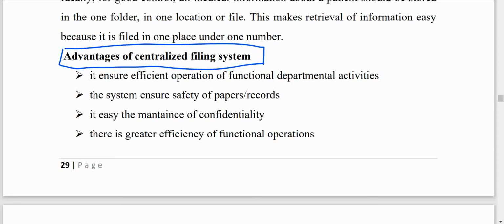But if the records are collected and brought in one location and managed by a professional medical records officer, professional medical record assistant, that means our records or papers will always be safe from other things to do with, for example, confidentiality, privacy, dignity, and all that.